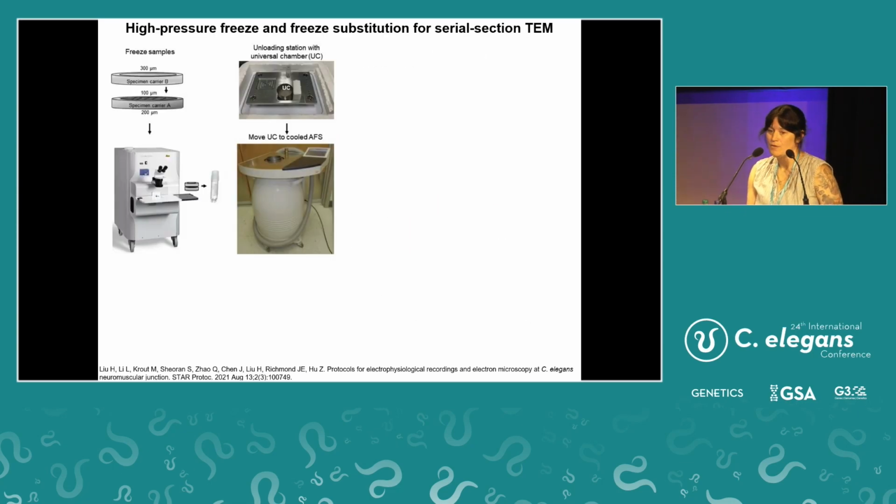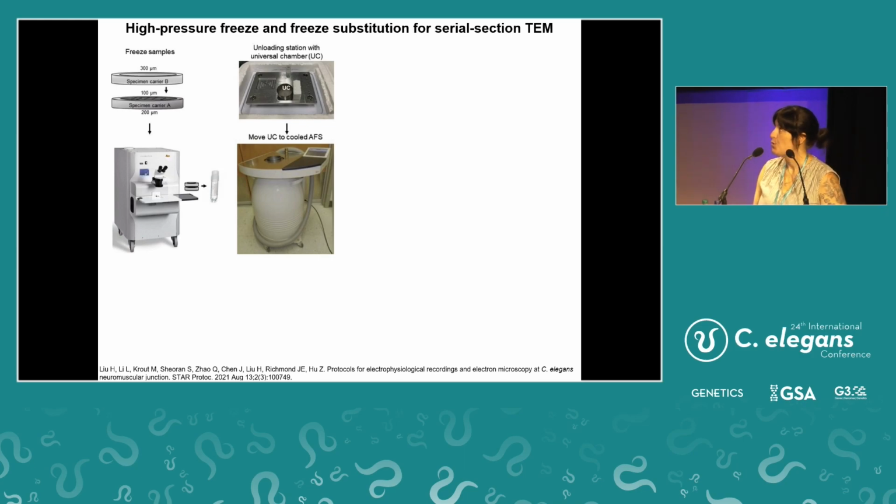So now I'm going to give you just a little bit of overview of the way we actually use high pressure freeze in our lab. I'm giving you a basic introduction to the technique. In general, we are all going to be using different equipment, I'm sure, and different methods to get our samples prepped, but this is what it looks like for our lab.